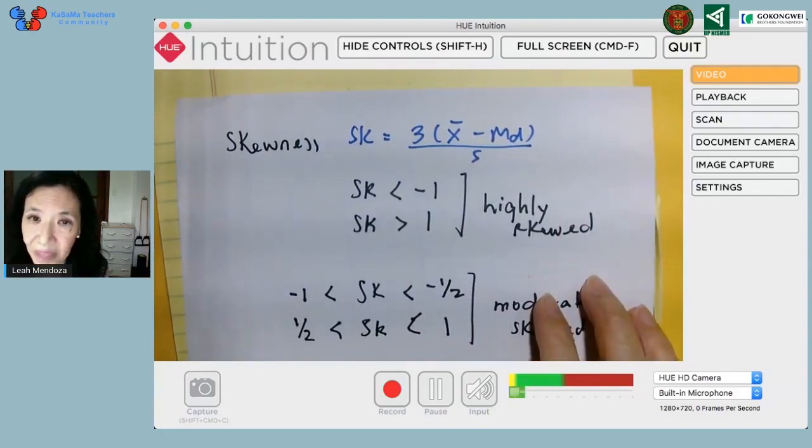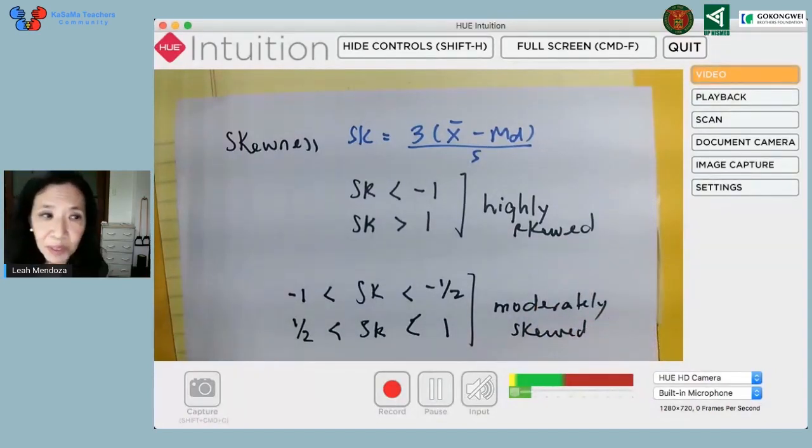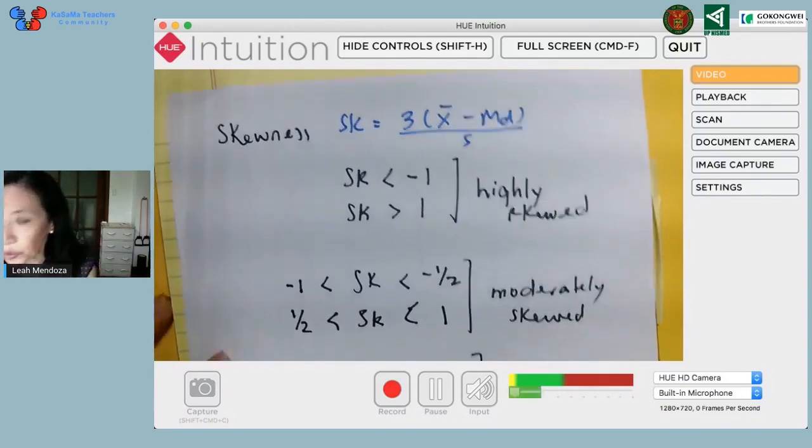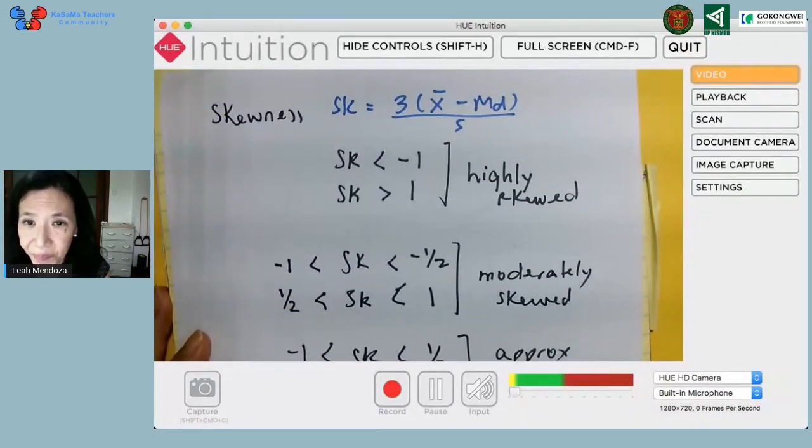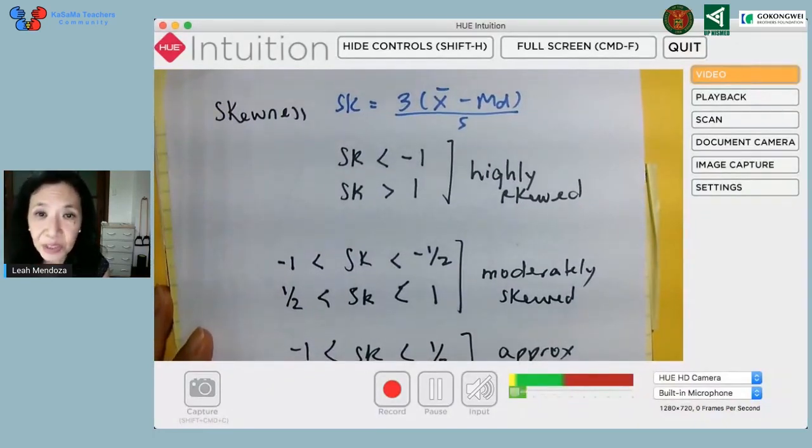Okay, but when the mean is greater than the median, greater than the mode, or the other way around, where we have skewness, we have the following rules. When the skewness value that you compute is less than -1 or greater than 1, you can say that the distribution is highly skewed.